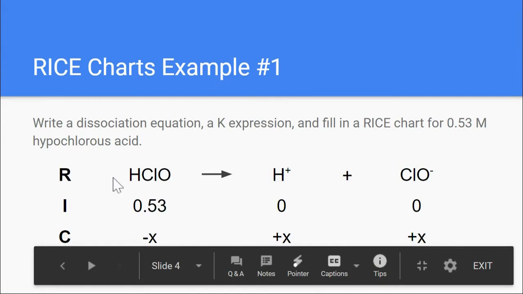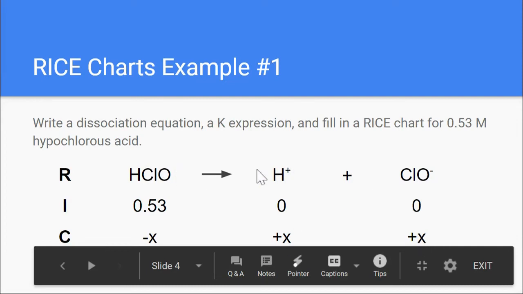So if one of these breaks apart, I'm going to get one H plus and one ClO minus. If 10 of these break apart, I'm going to get 10 H pluses and 10 ClO minuses. So for every X amount of HClO that decreases, I get X amount of H plus and X amount of ClO minus.